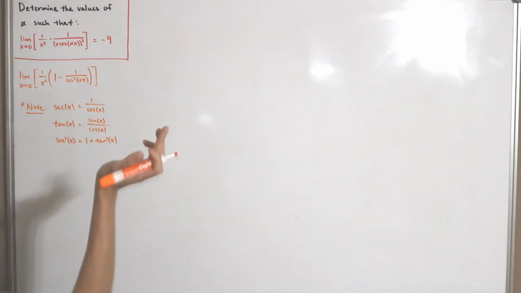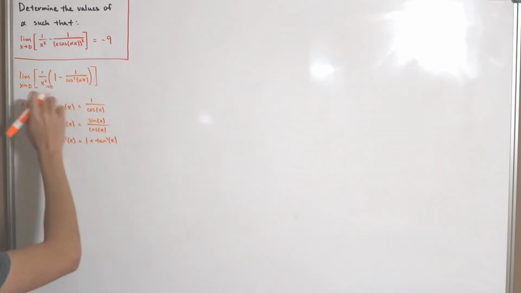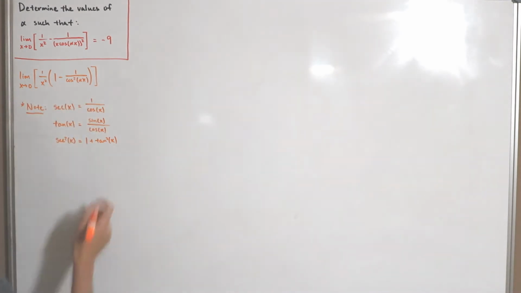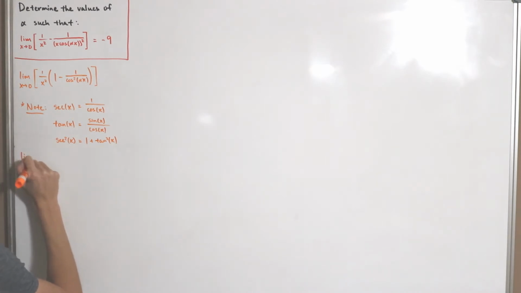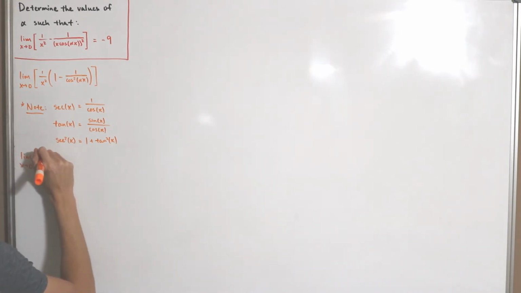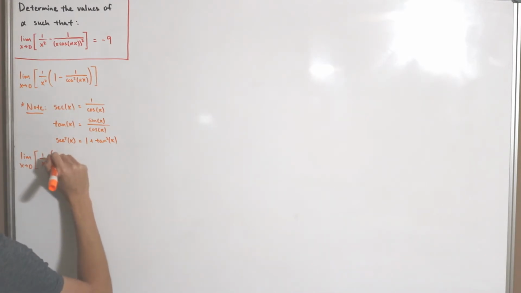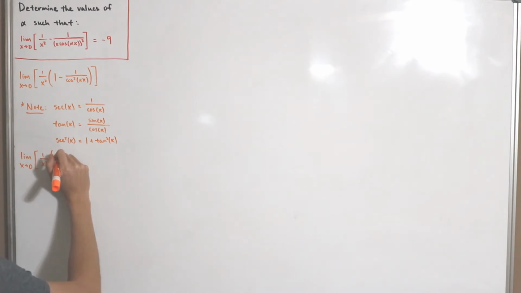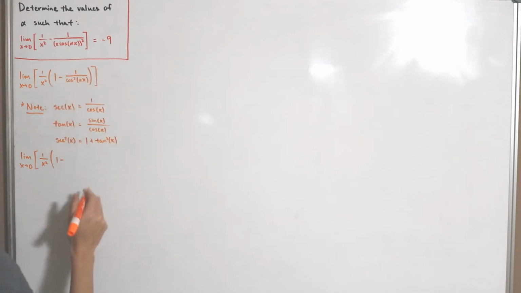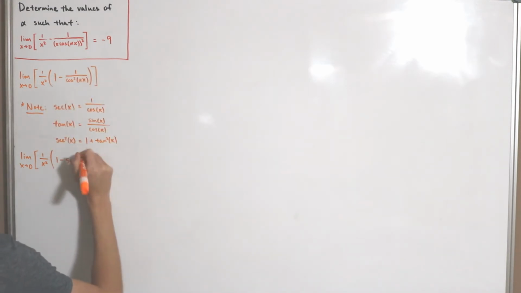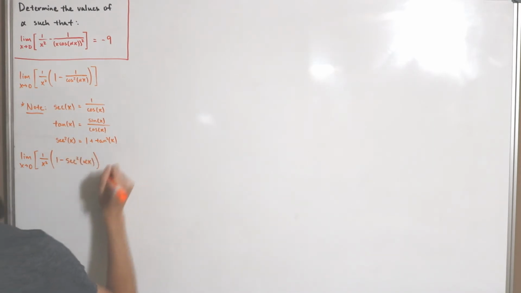This identity won't come till later, but for now, we can use this identity to rewrite some of our expression on the inside. So this means I can rewrite this as the limit as x approaches 0 of 1 divided by x squared, then this is 1 minus 1 over cosine squared alpha x. So this is secant squared alpha x, okay?